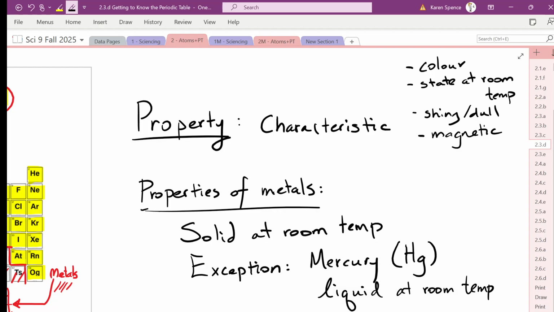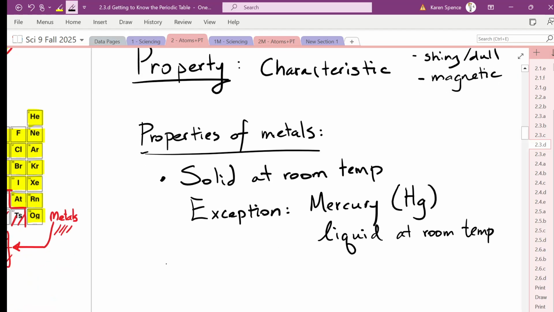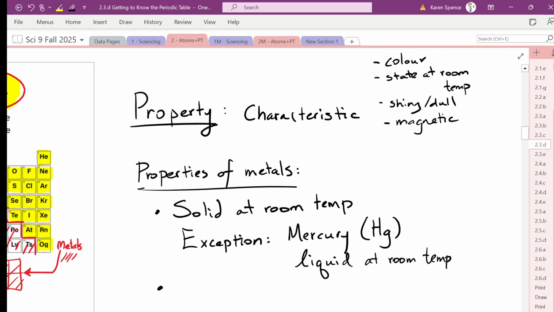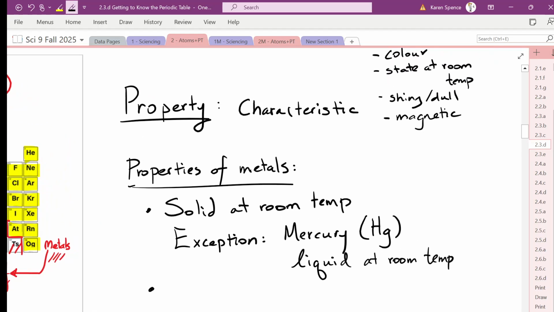Most metals, you have to go to like 800 degrees, but not that one. All right, what else have we noticed about metals? We got their state at room temperature. Are they shiny or are they dull? They are shiny. Shiny, not shinny.